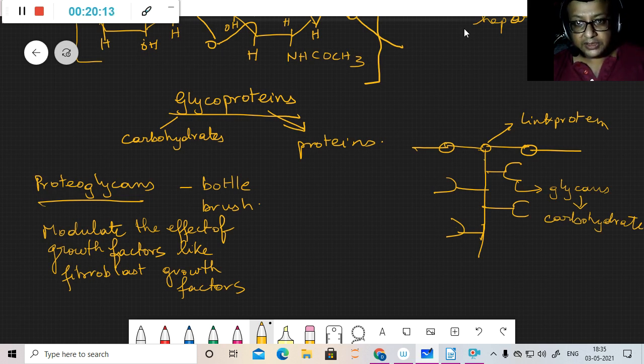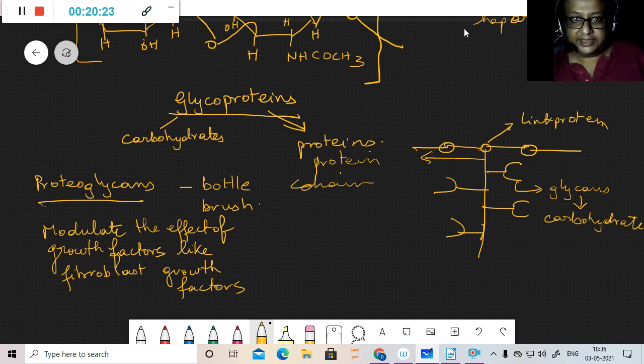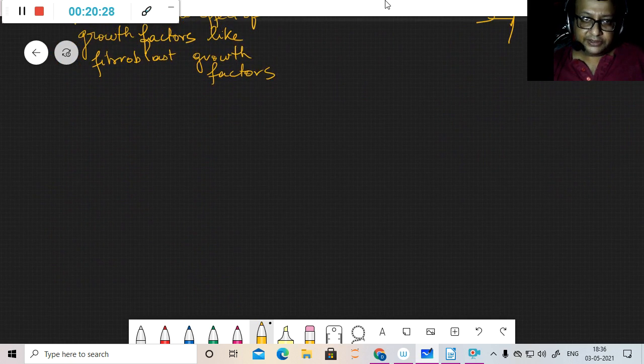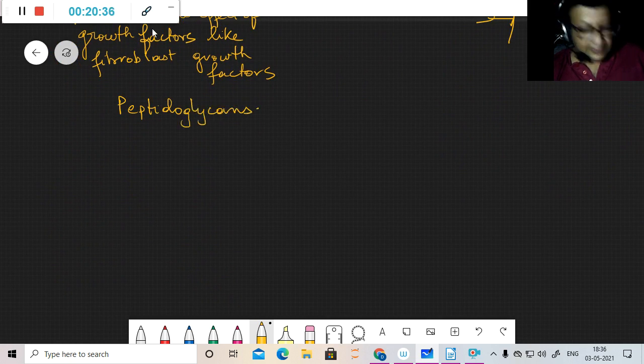This is of course the protein chain. This is the structure of proteoglycans, and the last part which I come across are the peptidoglycans.